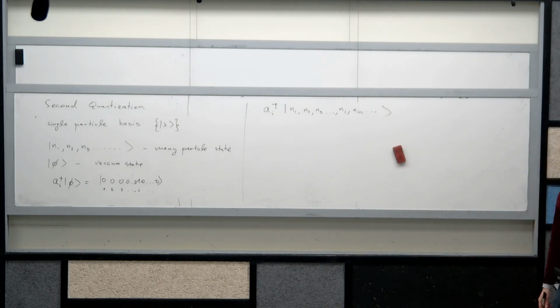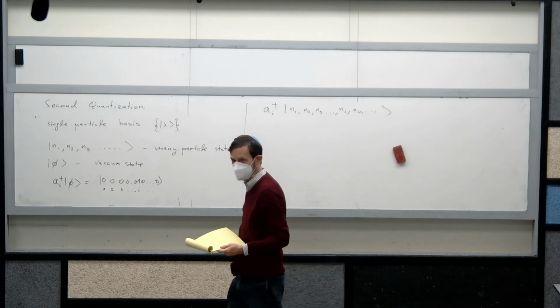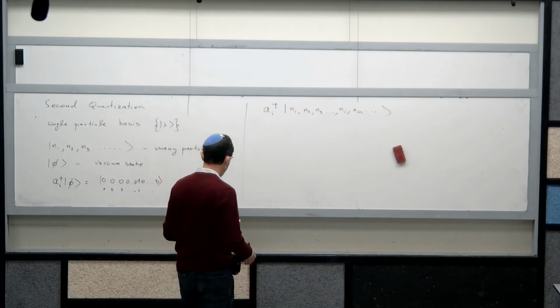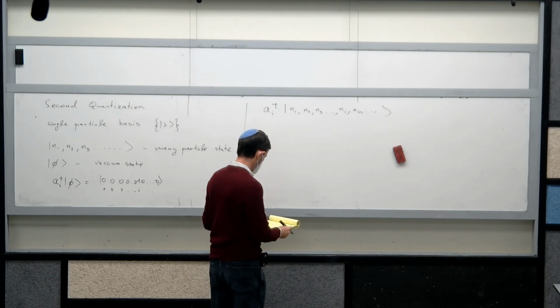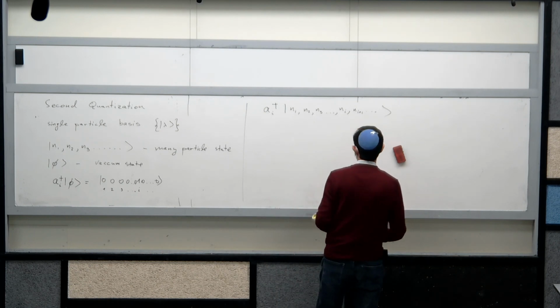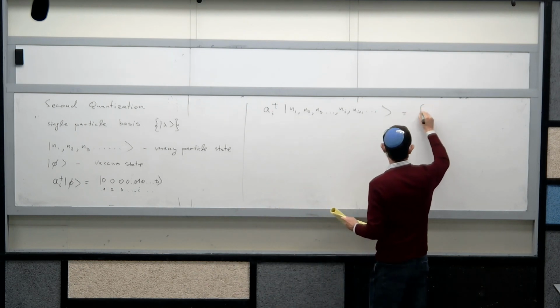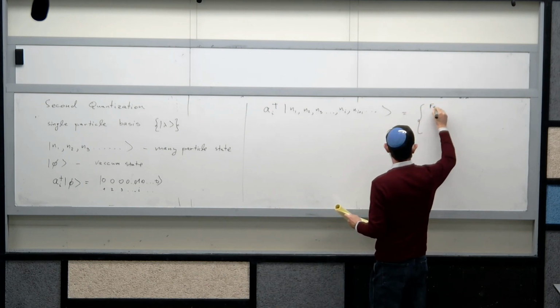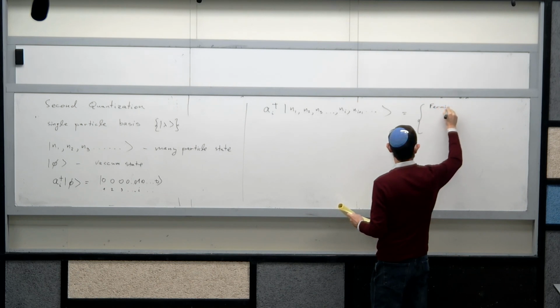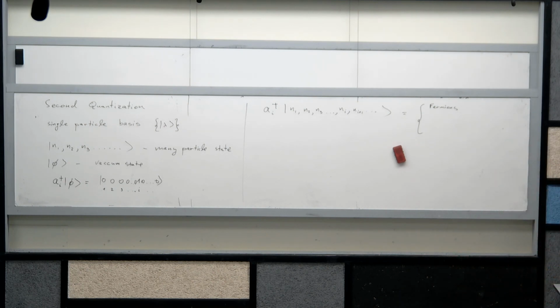Okay, I have some state, and I'm trying to create an additional particle in state i. So here, basically, I have a difference in fermions. What is the result?